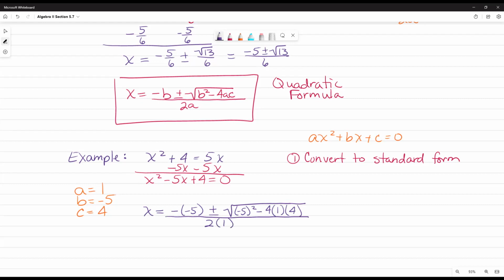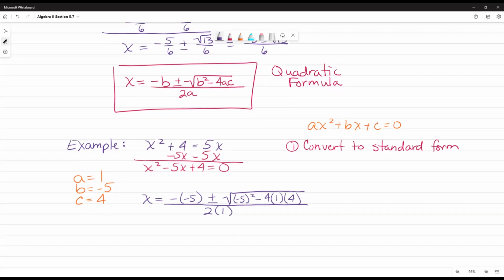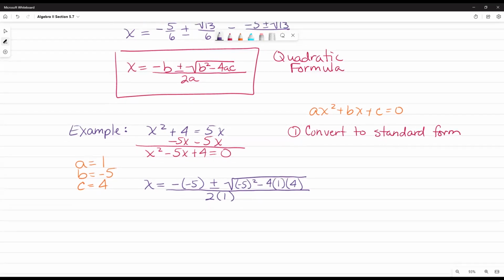Right. A lot of the simplification here is easy. See how much easier this is than getting that whole dividing by 2, working with all those fractions, completing the square, using the square root property, all of that.